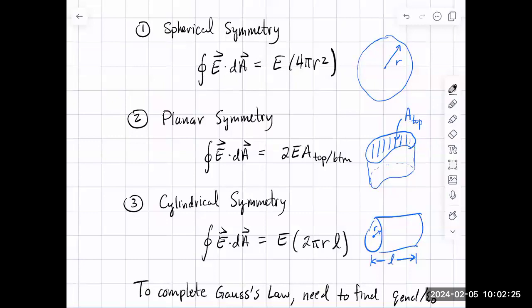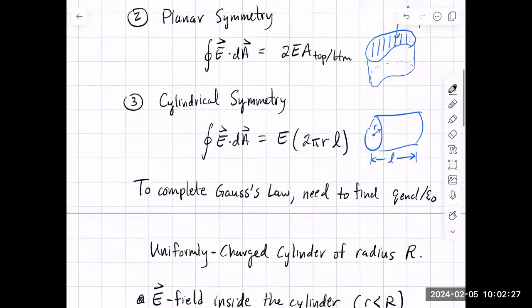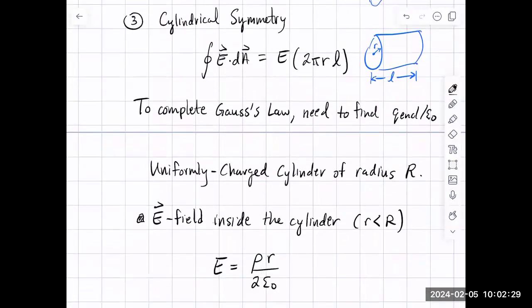Okay, we did an example where we used the cylindrical geometry. We imagined a uniformly charged sphere of radius capital R, and we tried to calculate the electric field both at points outside the sphere and at points inside the sphere. Sorry, not the sphere. Points inside the charged cylinder and points outside the charged cylinder.